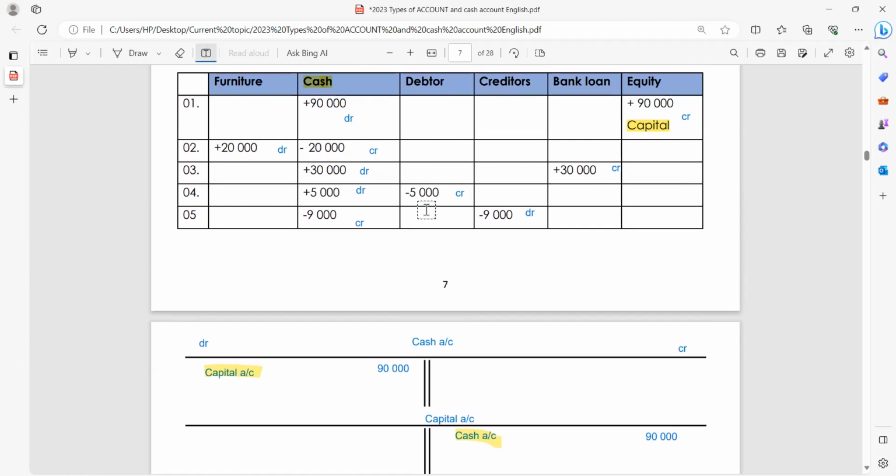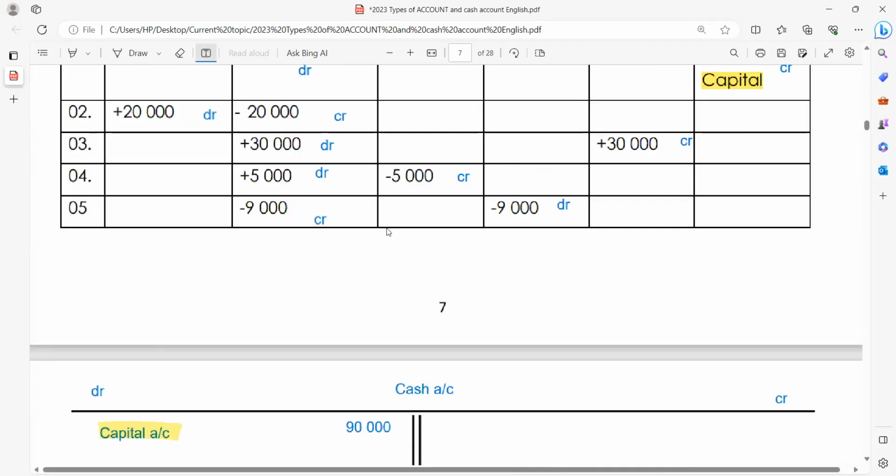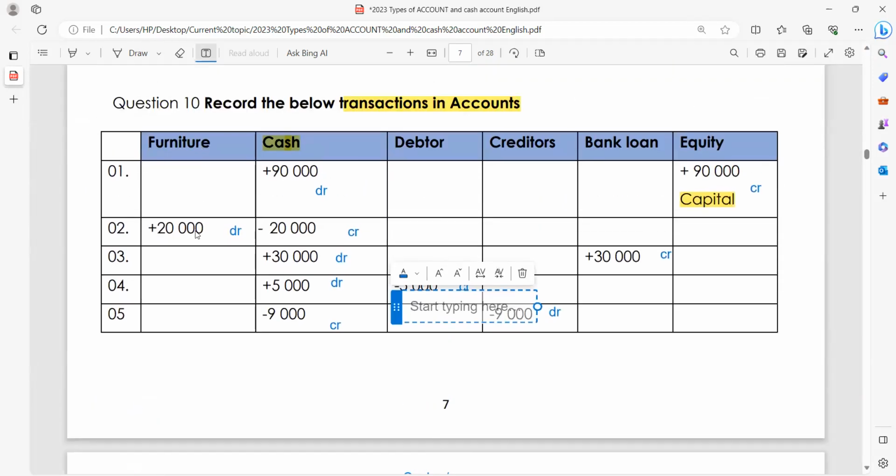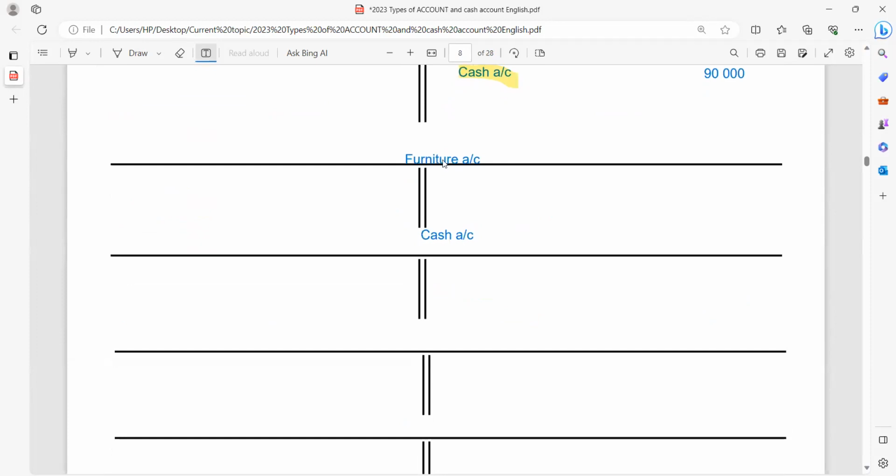The double entry says furniture account debit 20,000, cash account credit 20,000. So in furniture account we write debit 20,000 and in cash account we write credit 20,000. This is how we record.